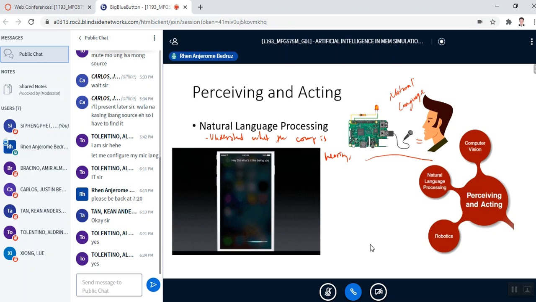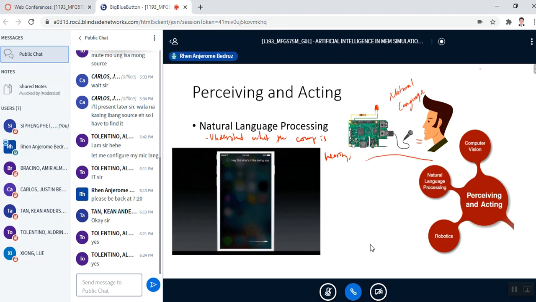The difference is that language processing is when I talk straight, and the computer interprets all the things that I've said. While natural language processing is interpreting what I said with the manner I say it.